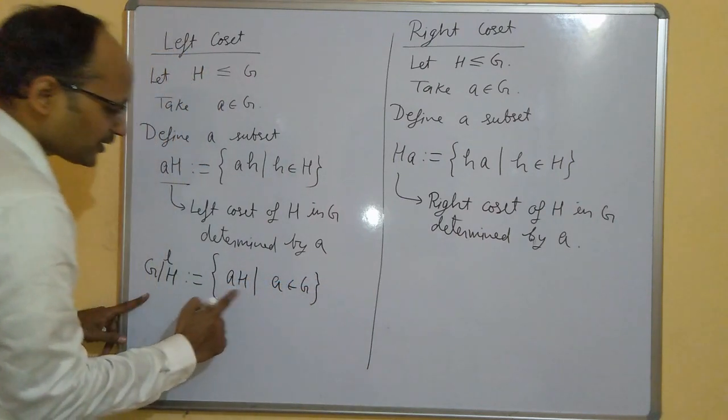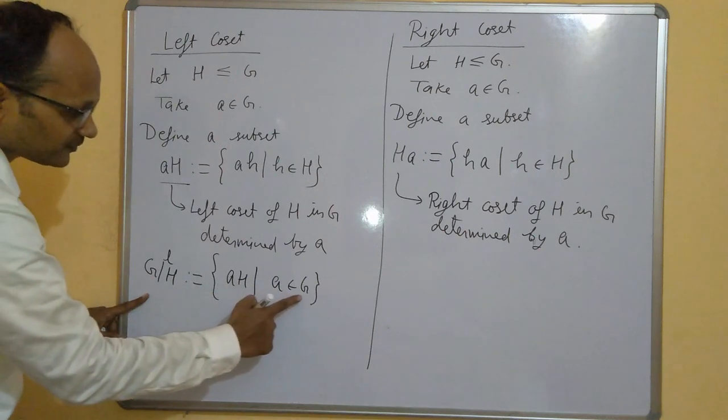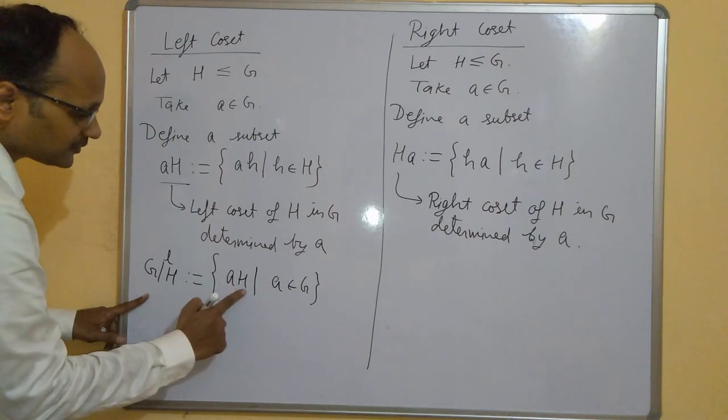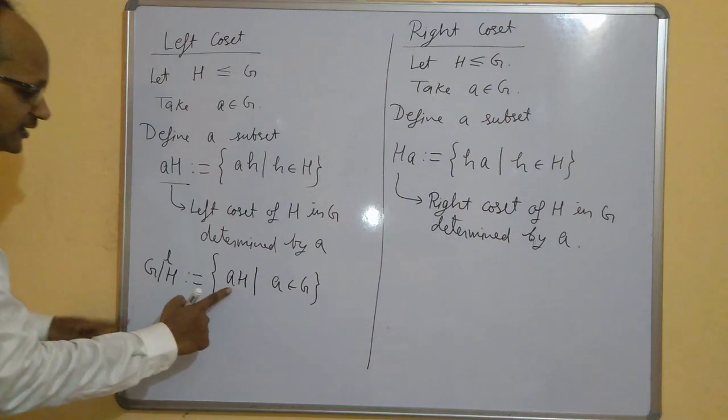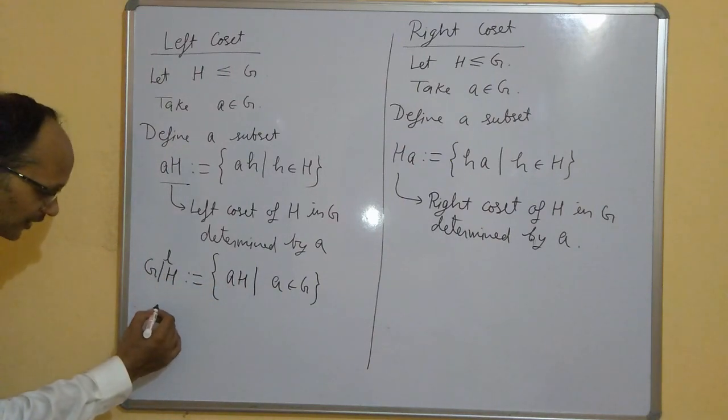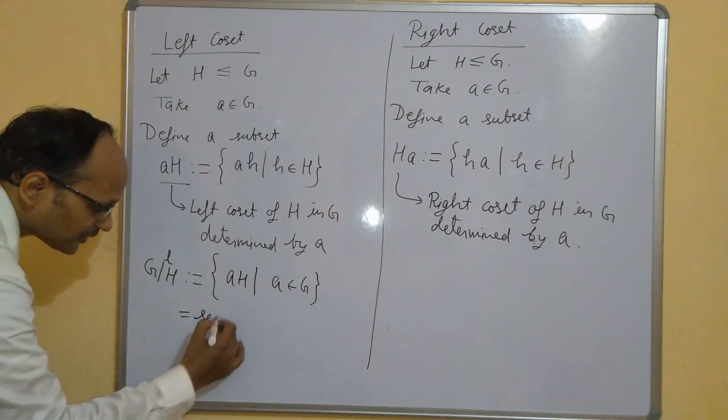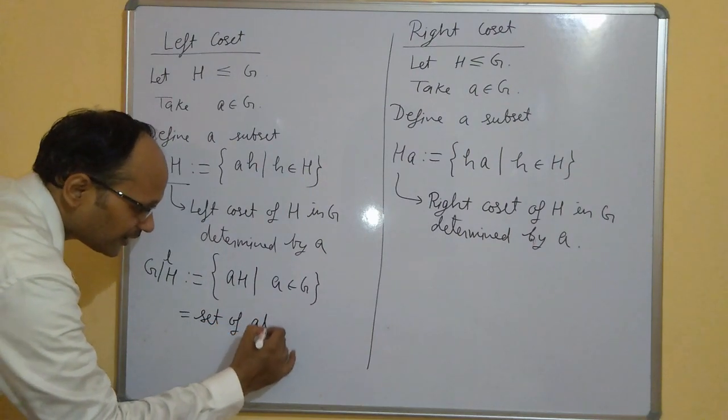So a is varying, and we have collected all the subsets of the form aH, that is the set of all left cosets.